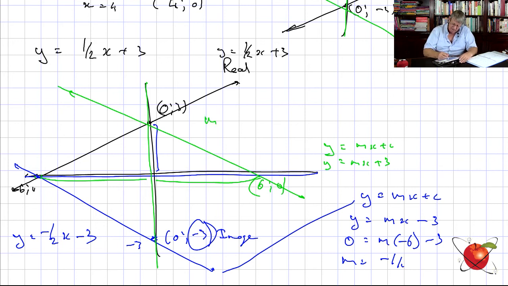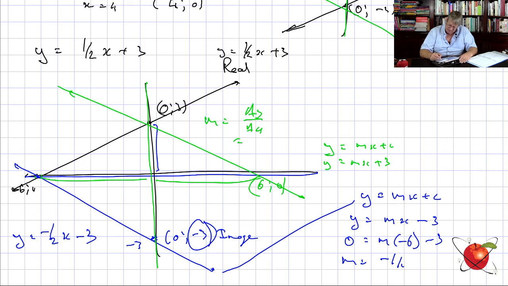You could say m is equal to delta y over delta x, right? And delta y over delta x is going to be equal to, okay, can work it out. Let's put in some values over here. What have we got? We've got 6 and 0.